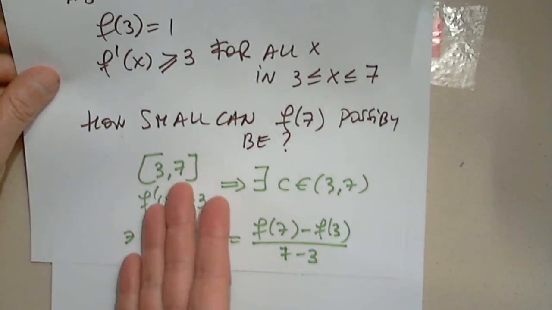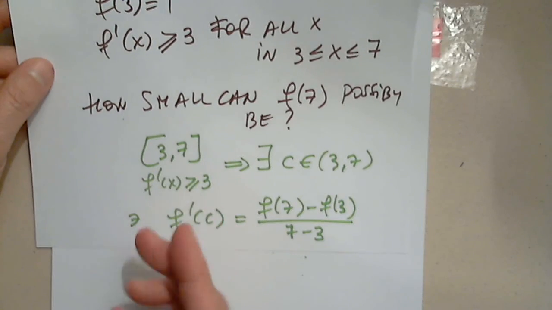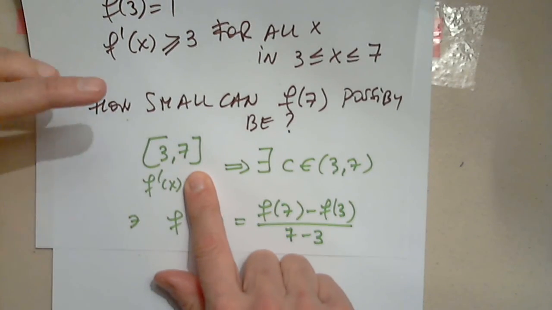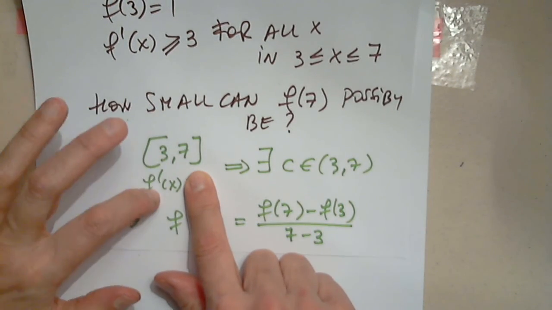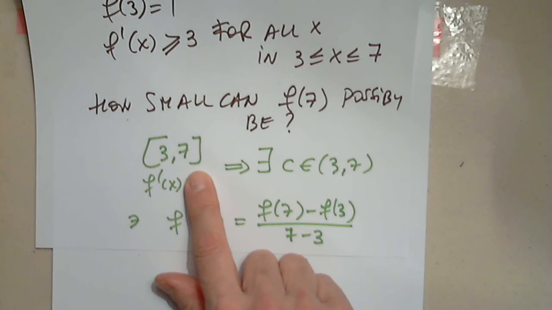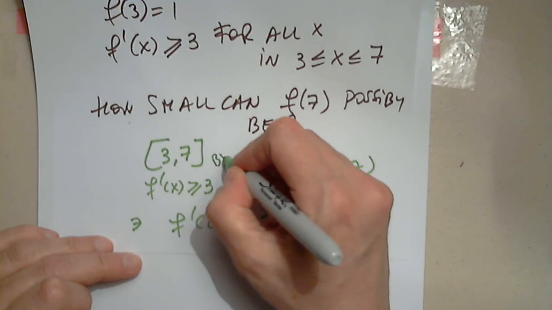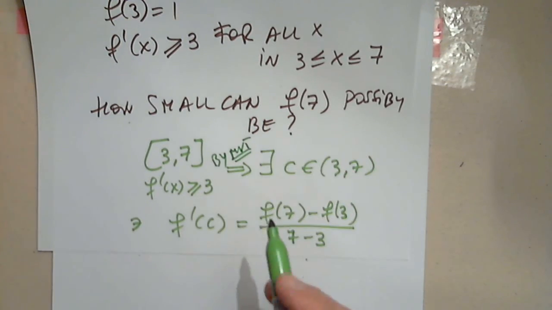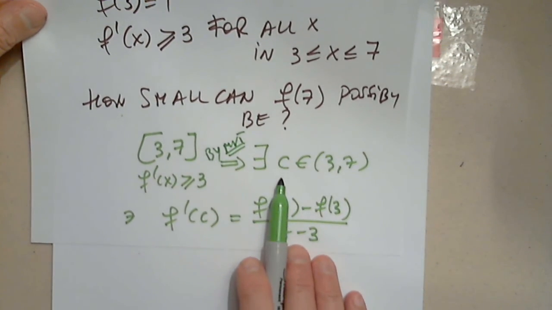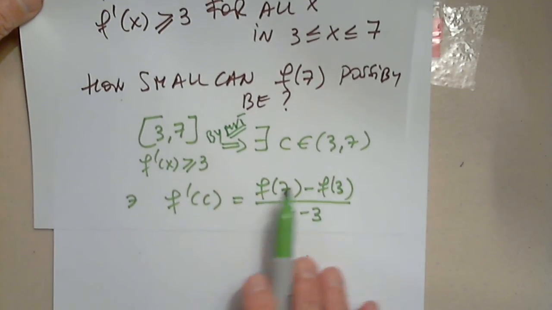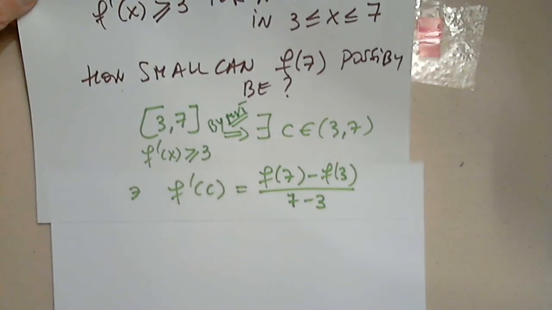So on this interval, the function is differentiable, it must be continuous. So by MVT, there is a number c between 3 and 7, and I can write this. Okay.